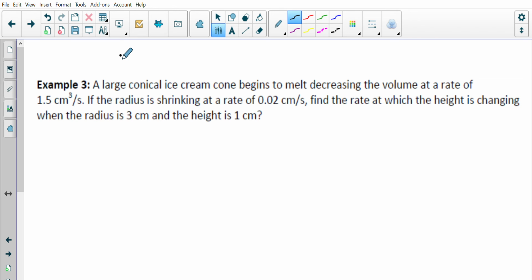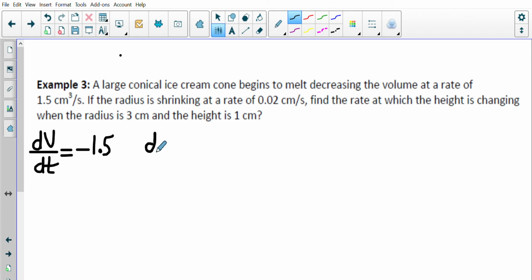Okay, so here we go. First sentence: a large conical ice cream cone begins to melt, decreasing the volume at a rate of 1.5 cubic centimeters a second. So our volume is changing at a rate, it is decreasing, so I'm going to have a minus 1.5. Now it also says the radius is shrinking at a rate.